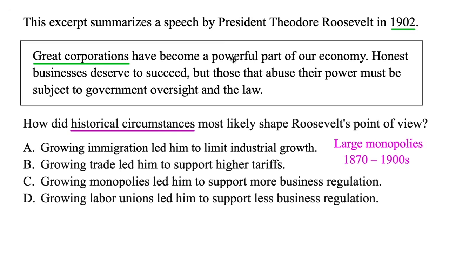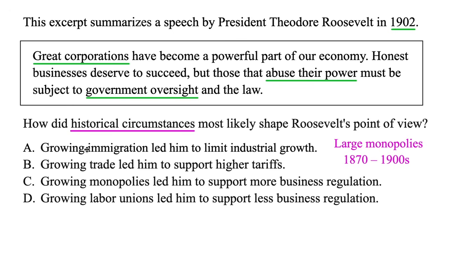They're becoming a bit too powerful. And the problem is, when they abuse their power, then the government needs to provide some oversight. Basically, the government to ensure that they're following laws and not abusing their power. So he does seem to be talking about large monopolies and making sure they don't get too powerful.